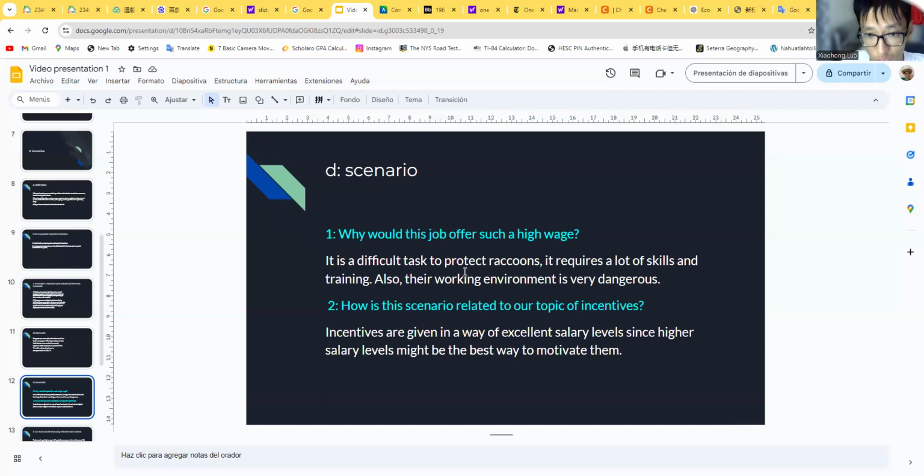Basically, it is a difficult task to protect the raccoons, which requires a lot of skills and training. It takes a lot of time, maybe 2 months to train. And also their working environment is way more dangerous than we think.